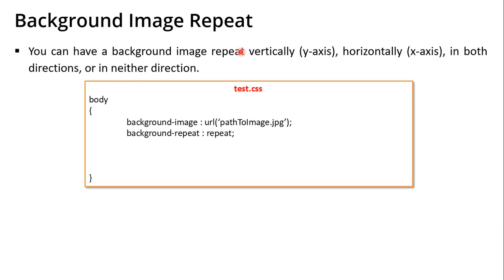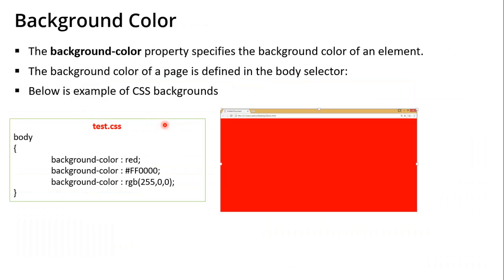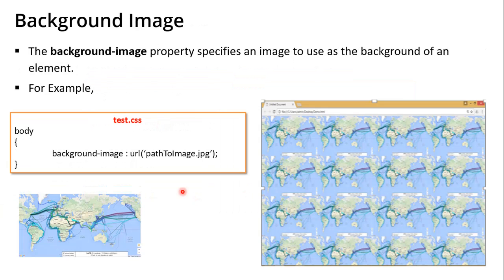Next is background image repeat. If I want to repeat the image, you can have a background image repeat vertically, the y-axis, horizontally, the x-axis, in both directions, or in neither direction. So we can repeat like this: neither direction, both directions x and y, horizontally and vertically. See here, we have the background image that I have explained, and this syntax we write over here.